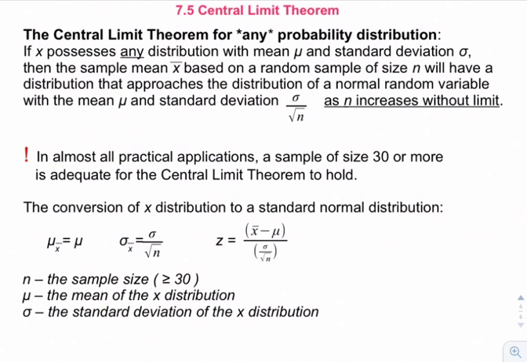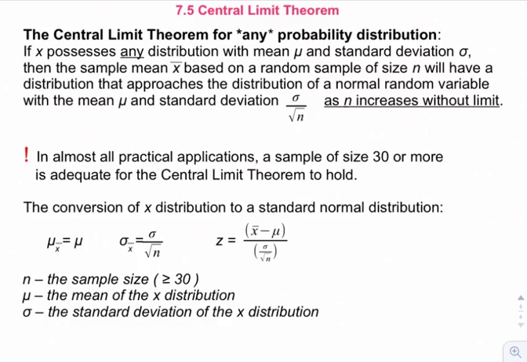And in fact, the larger your sample size is, if n is 2, n is 5, n is 15, n is 25, n is 55, n is 100, n is 300, as your sample size gets bigger, the distribution for X bar looks more and more normal. So for us, we're going to consider any sample size of at least 30 that we're going to result in a normal distribution. So let's read through what it actually says here on our slide.